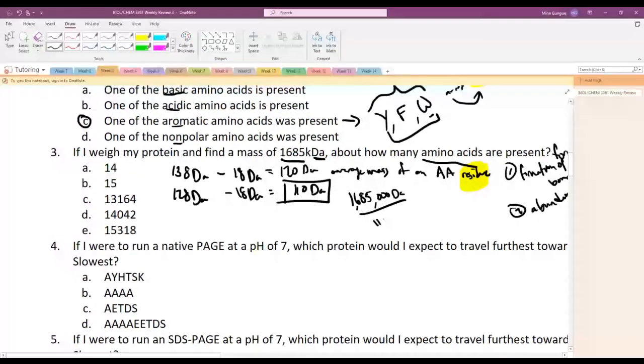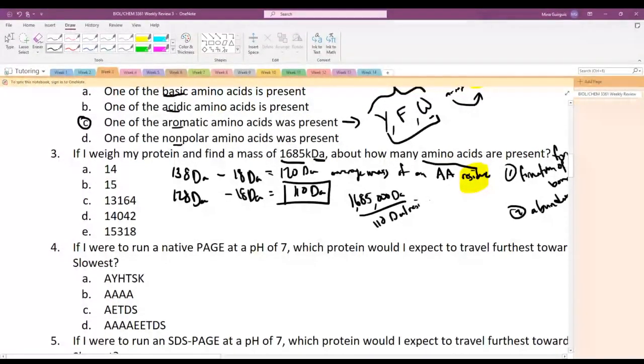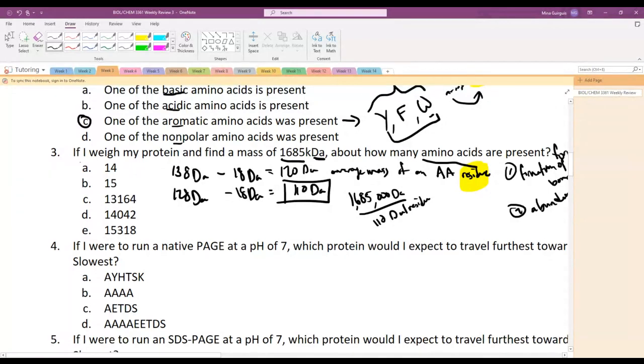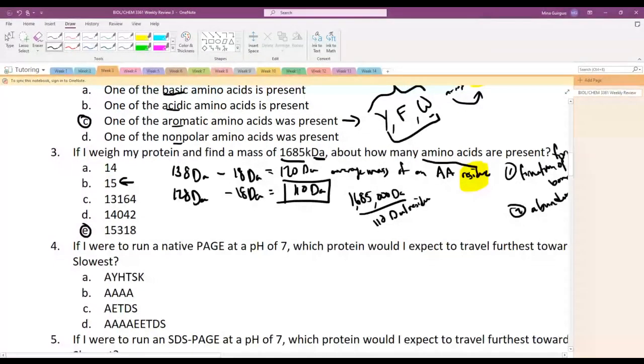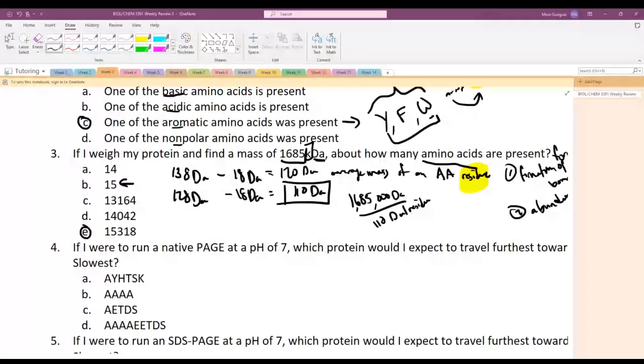I'm going to divide that by 110 Dalton per residue. The number we get out of this is E, 15,318. So don't get confused and pick B. Keep track of your units. This is kilodalton, not Dalton. I think we're okay with that, unless anyone has any questions.